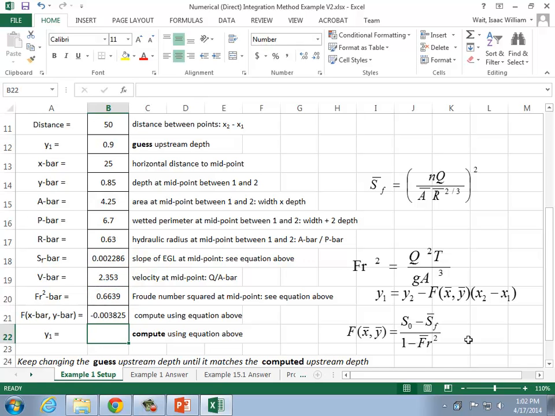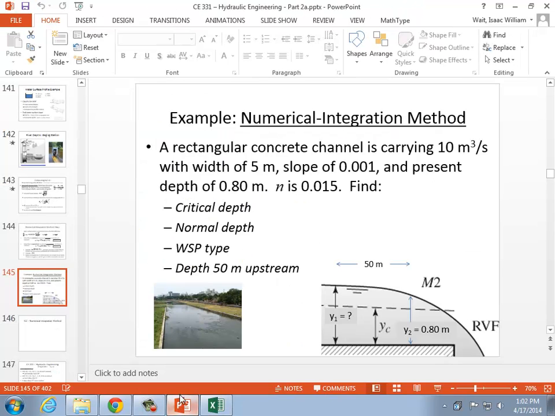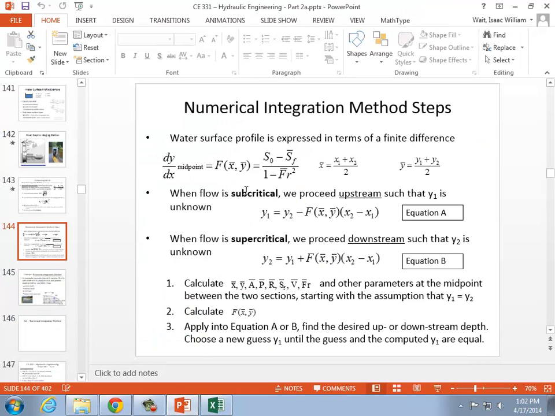And then y1 is going to be, now I have to remind myself that if I've got subcritical conditions, this is my equation to find y1. And if I had supercritical conditions, then I would use a different approach.